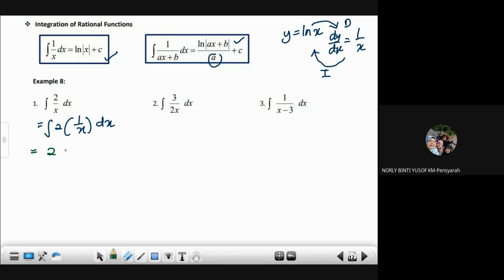Integration of reciprocal, you mesti dapat ln x plus c. Jangan pula buat 2 x negatif 1 sebab nampak reciprocal je you naikkan. Tapi reciprocal dia power negatif 1 kan dah bagi tahu integration tak boleh. Sebab nanti bila you tambah the power, you akan dapat kosong untuk function you.